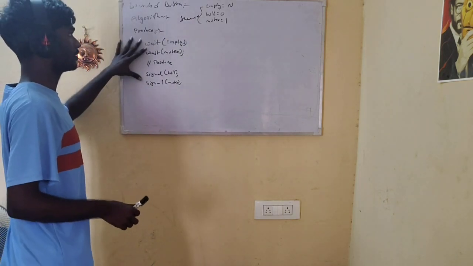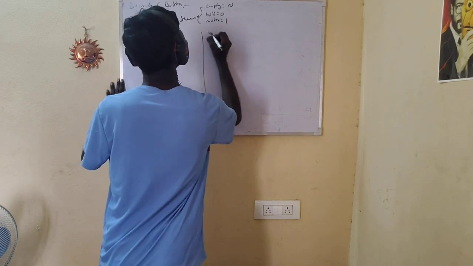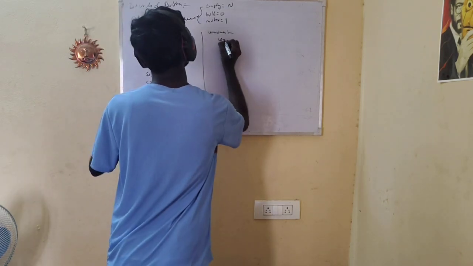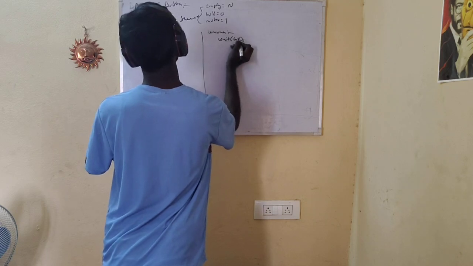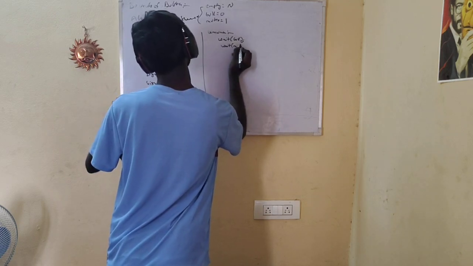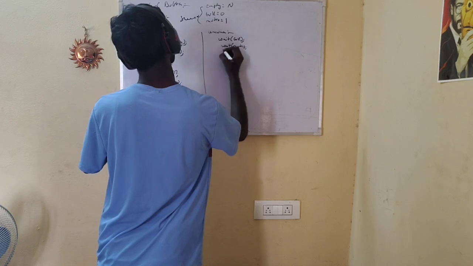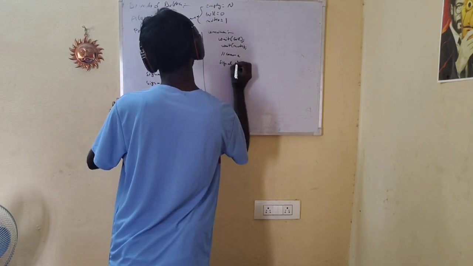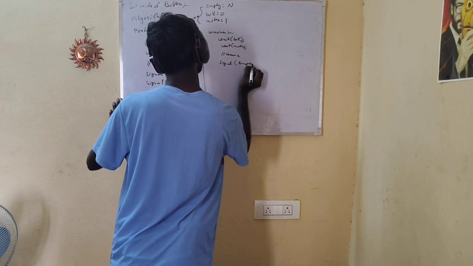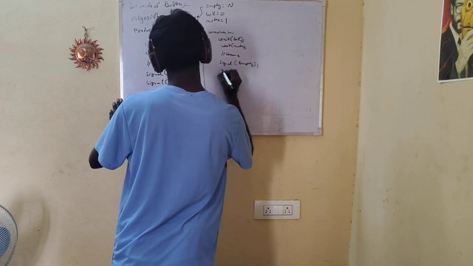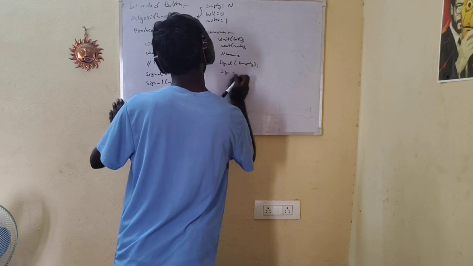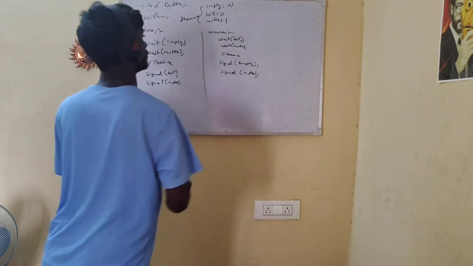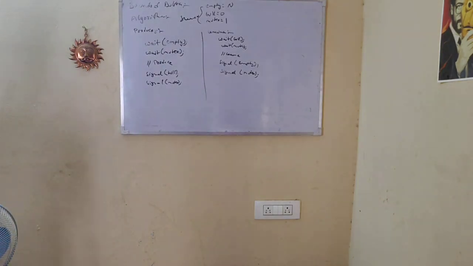And the consumer structure is: wait of full, wait of mutex, consume, signal of empty, signal of mutex. So this is the structure of the consumer.